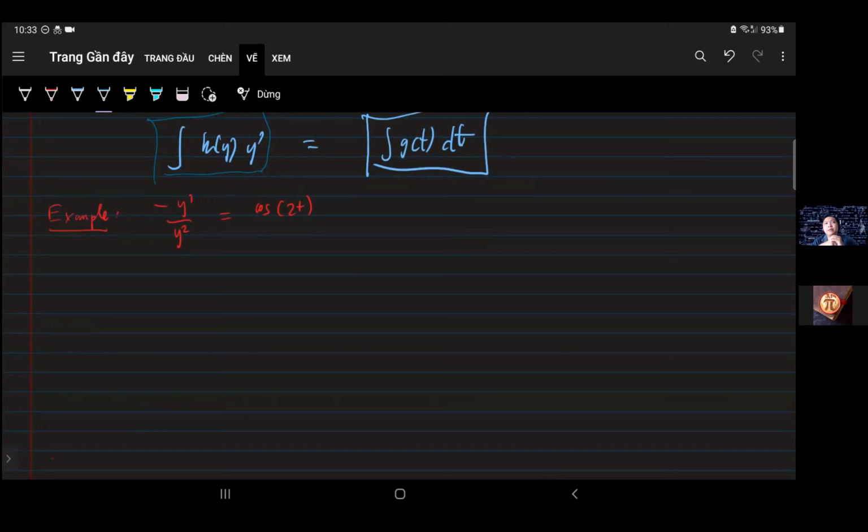And maybe in the future you can use a calculator or computer, Python, MATLAB, or whatever to code. It's very easy to calculate the integral by using a computer. Then maybe you are able to solve that kind of differential equation. And solving differential equations is very useful in real life applications.